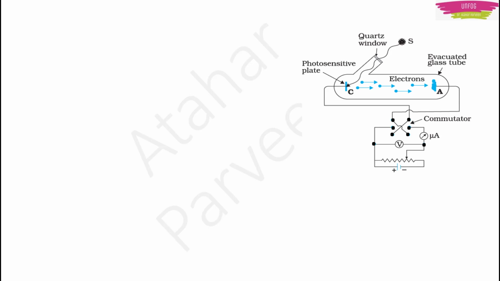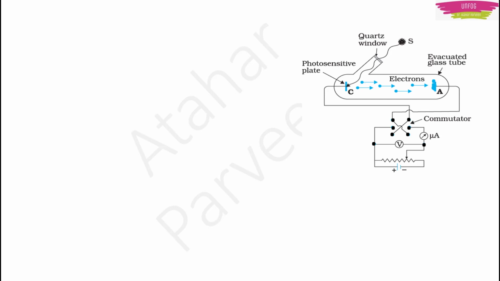No, there is no circuit, right? But when the light falls on this photosensitive plate, electrons are emitted and then collected at the collector plate A, which forms the flow of current. So your circuit becomes complete here. These electrons moving from C to A form a virtual wire, isn't it? That's the reason why your circuit gets completed.